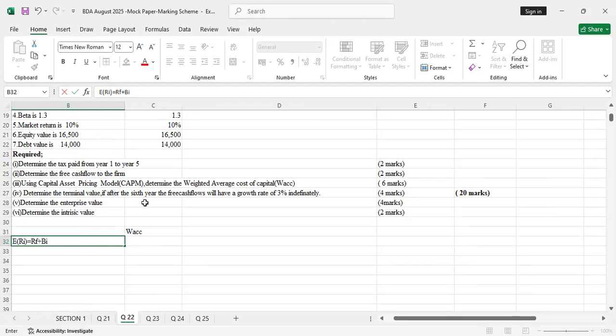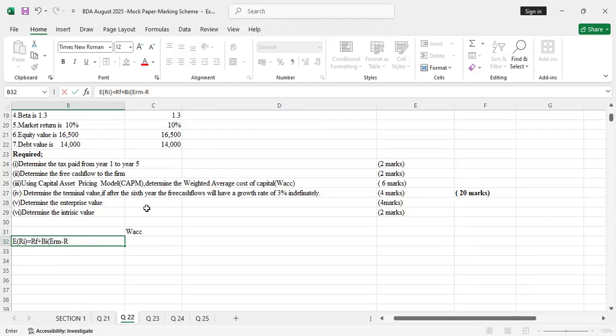So beta is Bi. Then in brackets, the expected market return, ERm. Yeah, so ERm. Then you minus the risk-free rate.